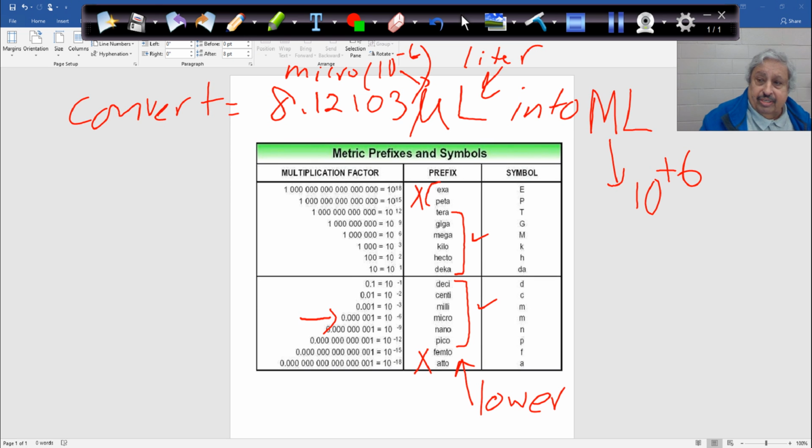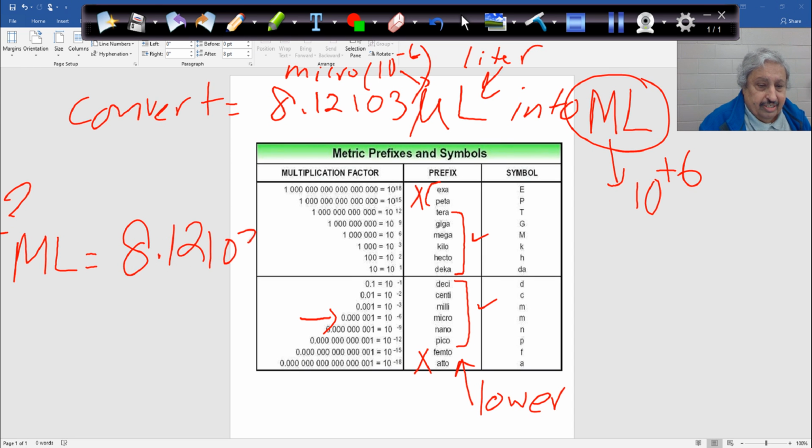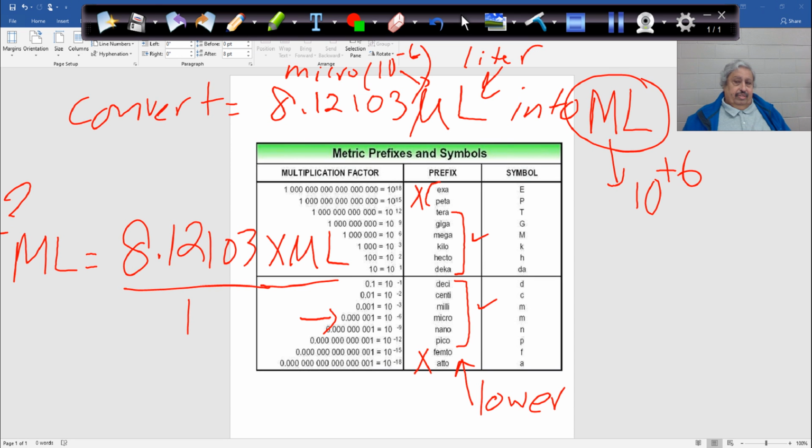So let's do the conversion. We are looking for this mega. The basic unit is liter. We don't know how much that really is. We put the number as is. We don't touch the number with all its significant figures, 6. And we put the unit as mu liter. Macro, 10 minus 6.